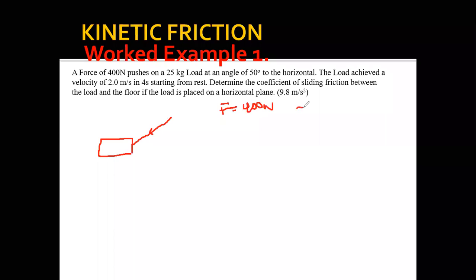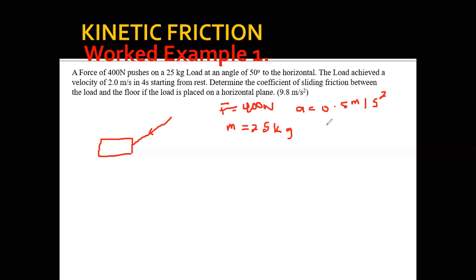We've calculated the acceleration to be 0.5 meters per second square. We know the mass, the mass was 25 kg.